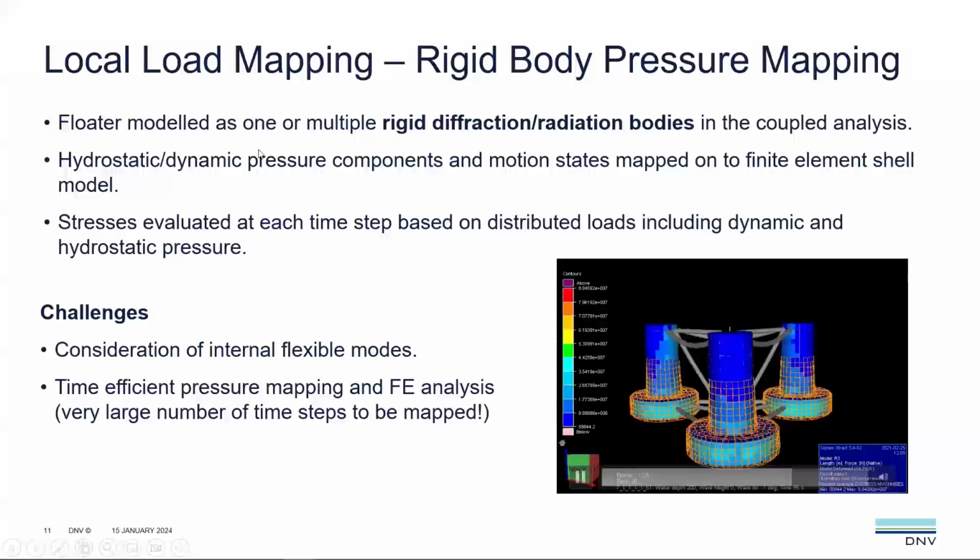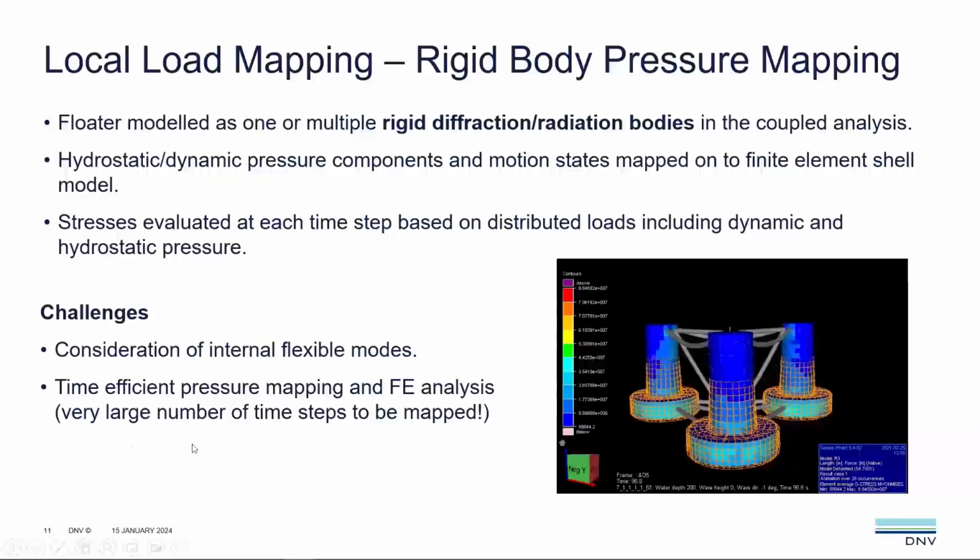So in this approach, the challenge is because we are using the assumption that these large bodies are rigid. One of the challenges is how to account for flexibility in case we had a concept where the columns might not be considered fully rigid if hydroelasticity was important.